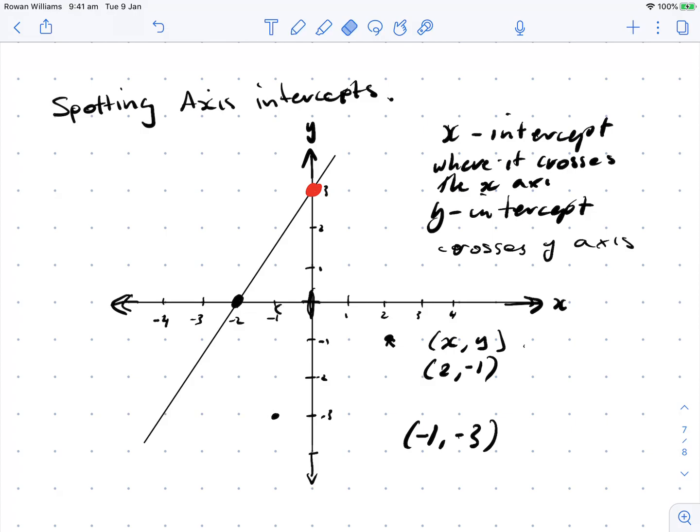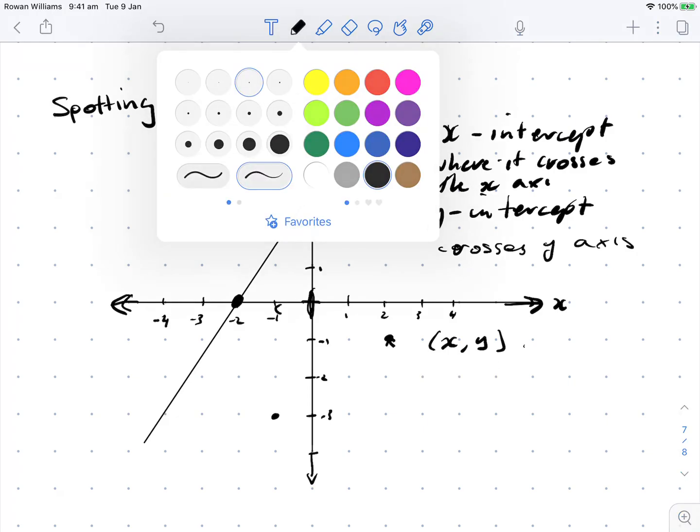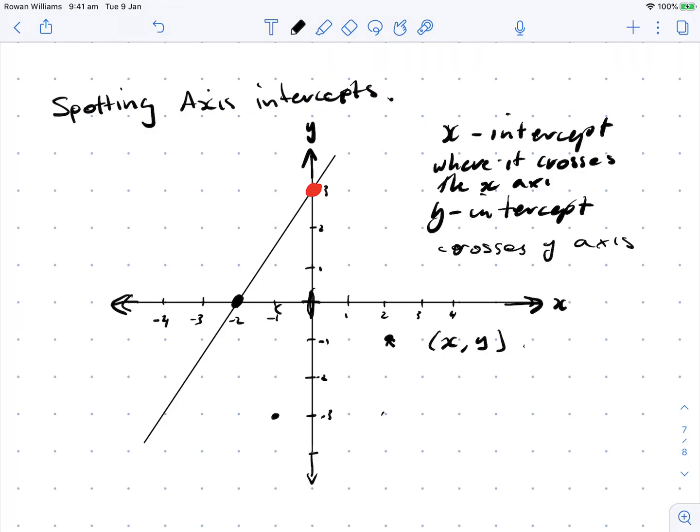So the last little step of this is we want to write these 2 points here, the black and the red one, as coordinates with x coordinate, then y coordinate. So for my first one, let's do the x-intercept. That's this point here where it crosses the x line.